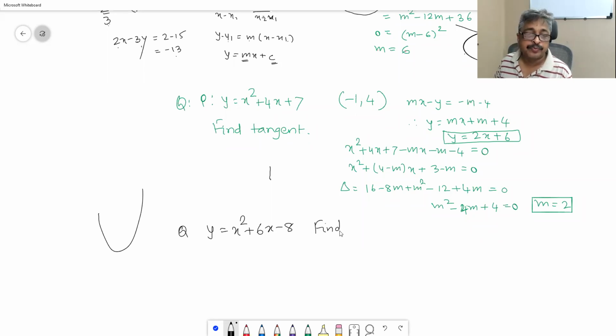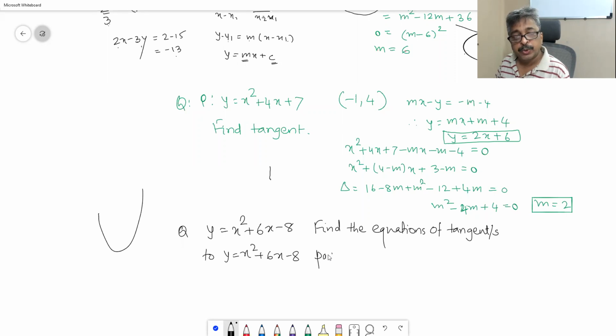Find the equation or equations of tangents to y is equal to x square plus 6x minus 8 passing through A, 5 comma minus 2.